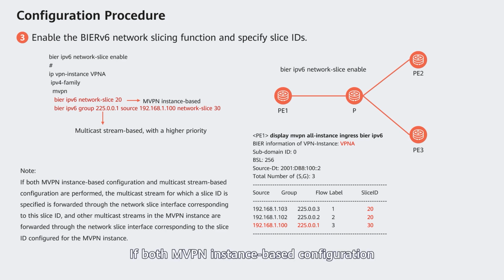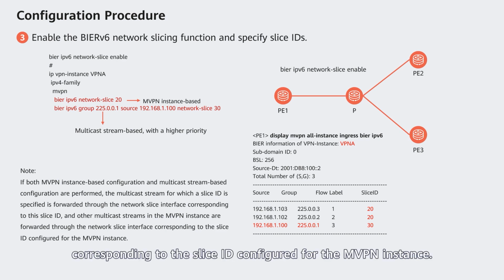If both MVPN instance-based configuration and multicast stream-based configuration are performed, the multicast stream for which a slice ID is specified is forwarded through the network slice interface corresponding to this slice ID. And other multicast streams in the MVPN instance are forwarded through the network slice interface corresponding to the slice ID configured for the MVPN instance.